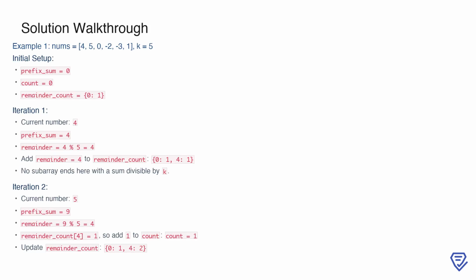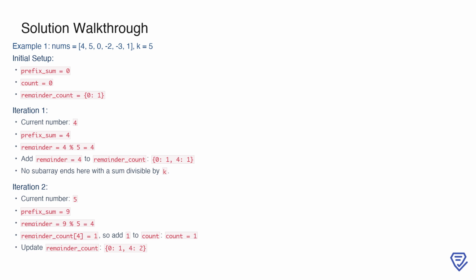Here, we start with the first example where nums is [4, 5, 0, -2, -3, 1], and k is 5. Our initial setup includes prefix_sum set to 0, count initialized to 0, and remainder_count starting with {0: 1}, to account for subarrays that are directly divisible by k.